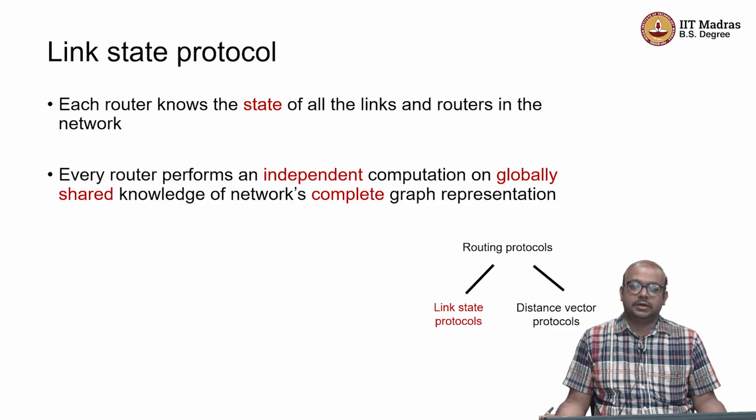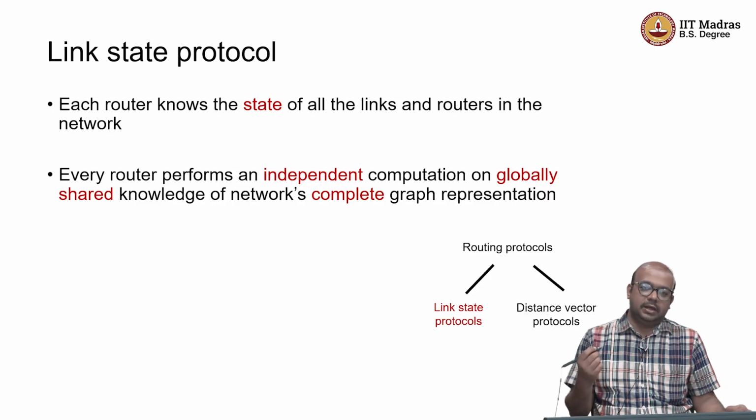So, the computation is common and the information that is shared is global and same to all basically, right. So, the network's complete graph representation is going to be there in all the routers, and the routers are going to do some kind of a computation. What is the kind of computation I already discussed, right.